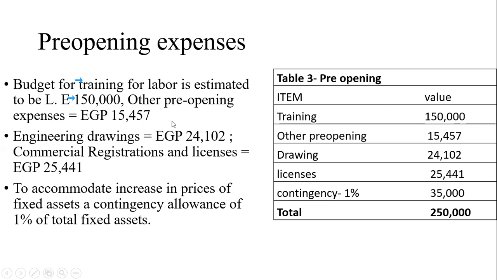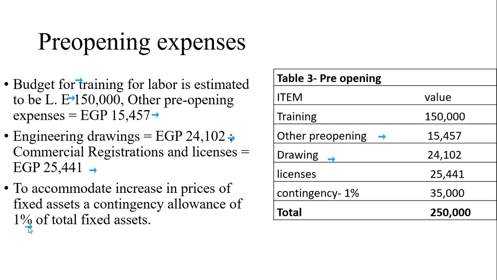What else? I have other pre-opening items, for example promotions, advertisement, facilities, all these things, in addition to engineering and drawing and commercial registration, which is 25,441. And then we add a 1% fixed assets contingency.